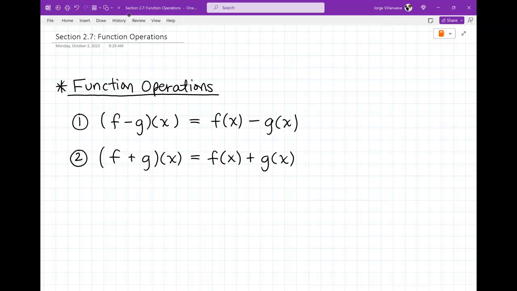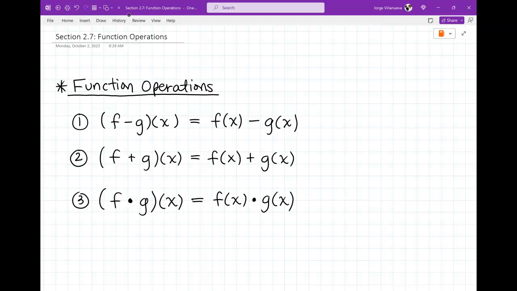All right, and then the last one looks like this: f times g of x, which would be f of x times g of x. So those are the three main functions that you guys are going to be working on: f minus g of x, f plus g of x, and f times g of x.